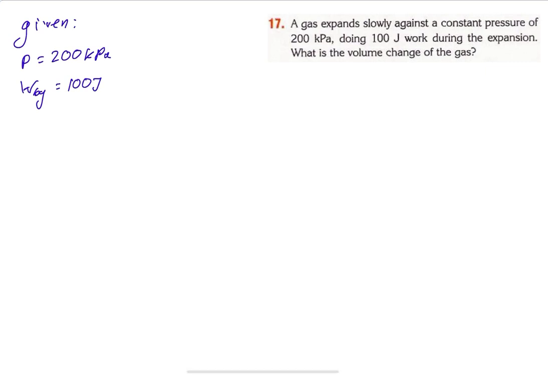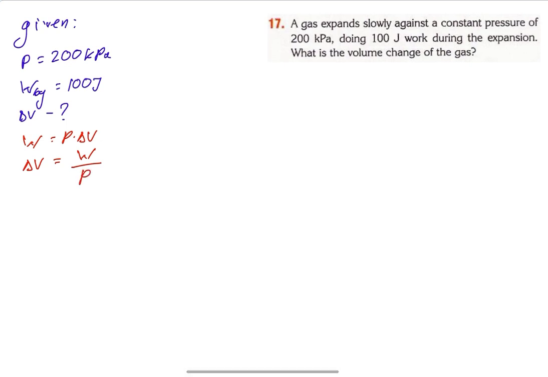And we need to find the value of delta V, change in volume. Here we just use only one formula, which is work is equal to P times delta V. So delta V is equal to work over pressure.